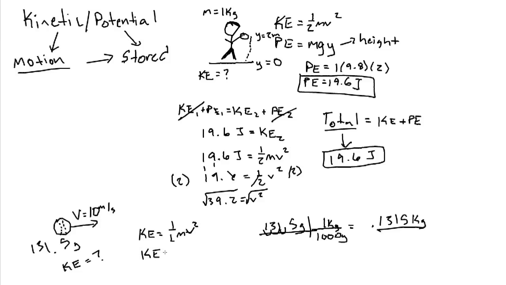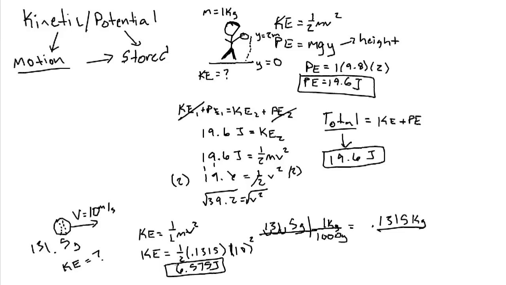So kinetic energy is equal to 1/2 times 0.1315 times 10 squared, which is 100. That gives me a total kinetic energy of 6.575, and the unit on kinetic energy is joules.